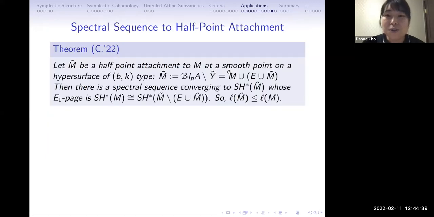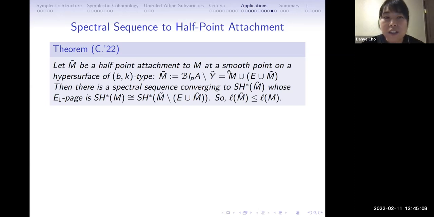Then it is the same idea as the Kalima modification, but we have a weighted blow up, so we cannot get an isomorphism after the modification. We got an isomorphism of symplectic cohomology, but in this case we get a spectral sequence from one to another.